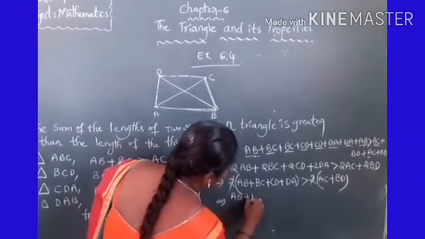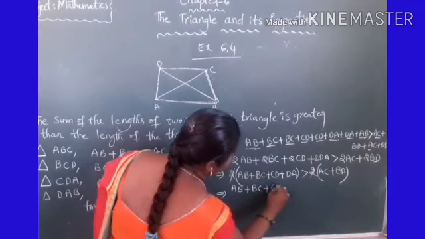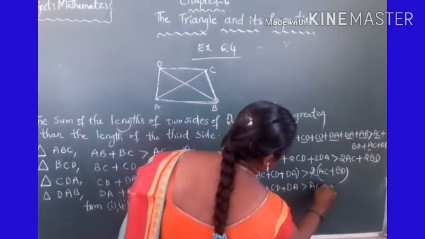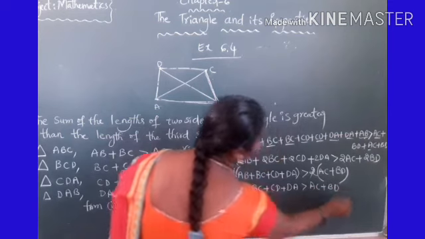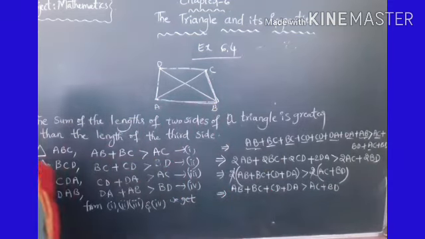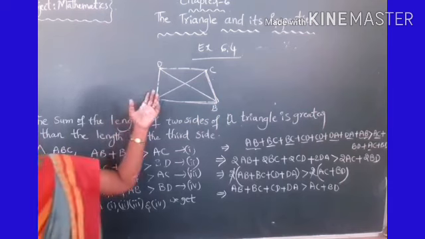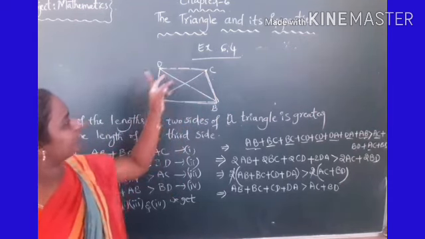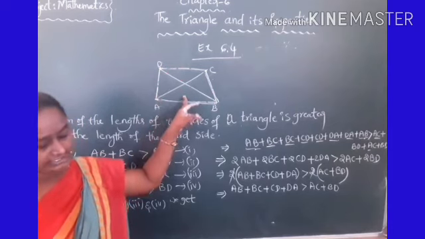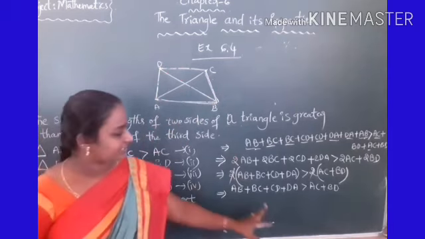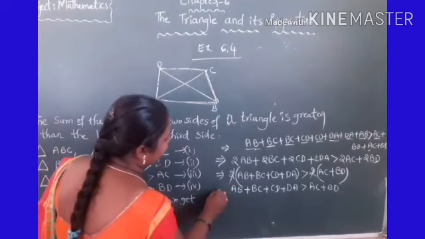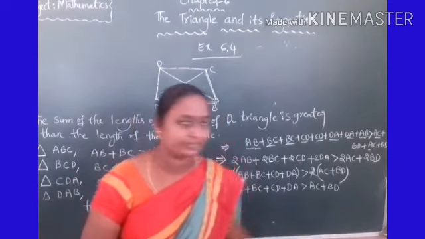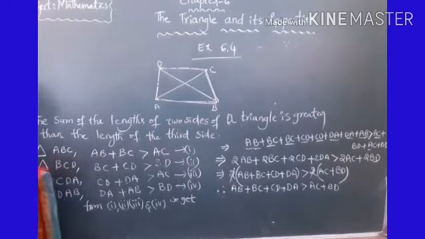AB plus BC plus CD plus DA is greater than AC plus BD. Is it true? Yes, it is correct. So therefore AB plus BC plus CD plus DA is greater than AC plus BD.